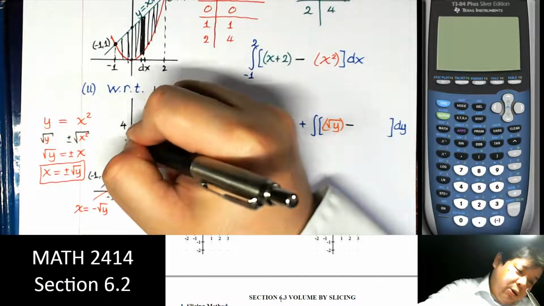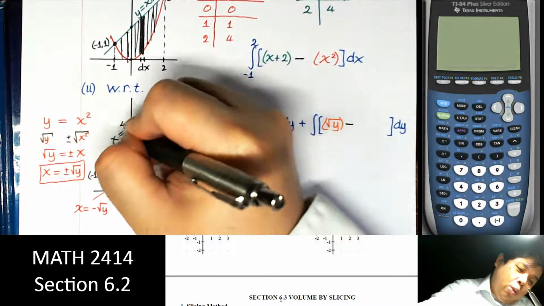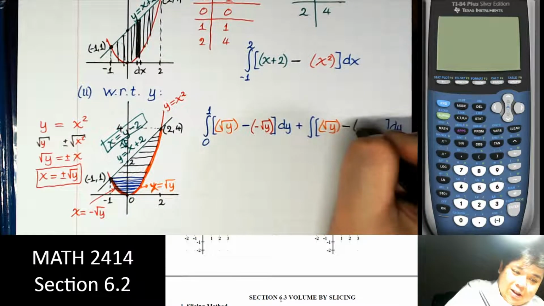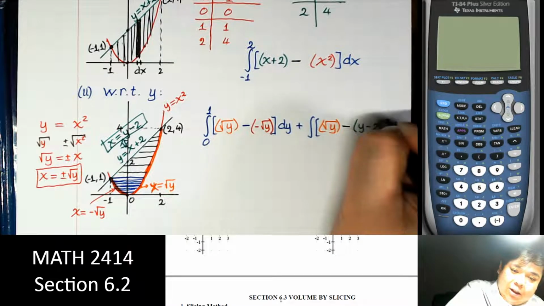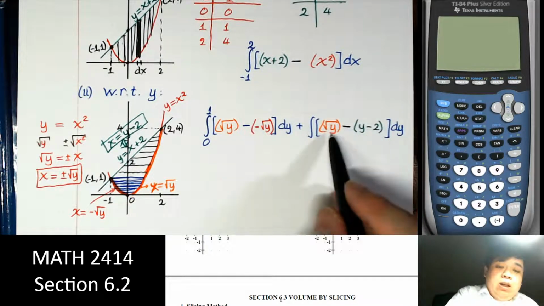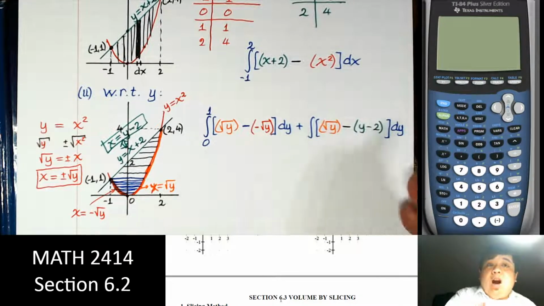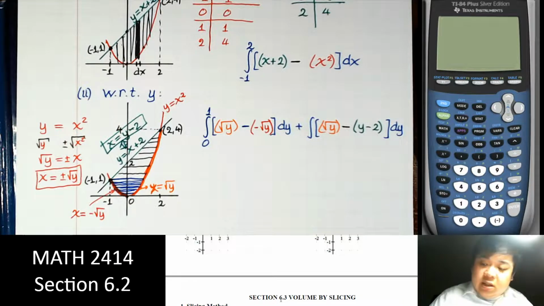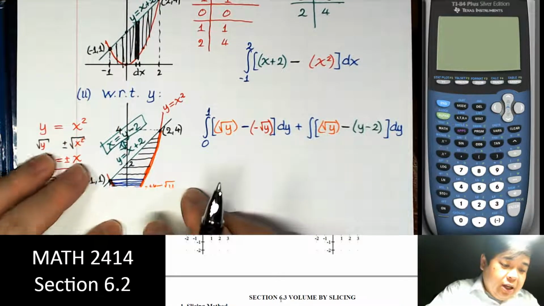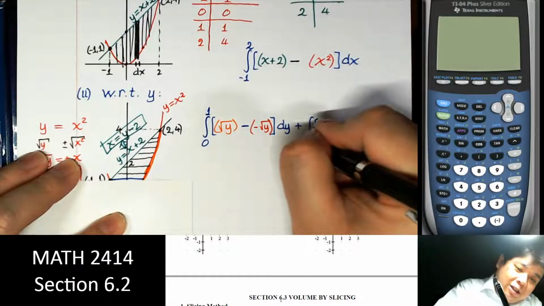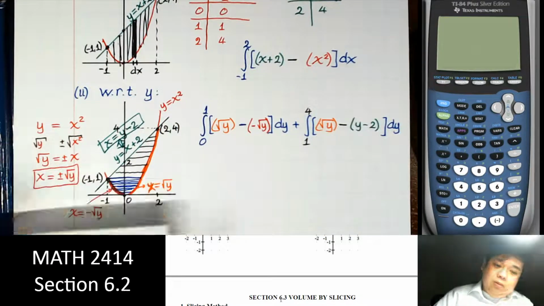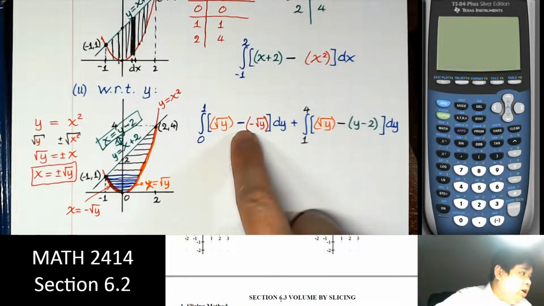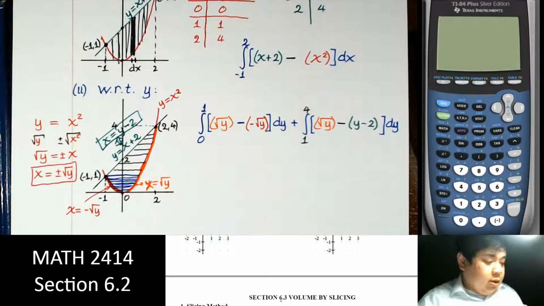Y equal to x plus 2, so x is equal to y minus 2. When we use dy, it has to be a function of y. It could be constant, but cannot be x in here if we use dy. By the way, the limits are going to be from 1 to 4. Talking about this one.